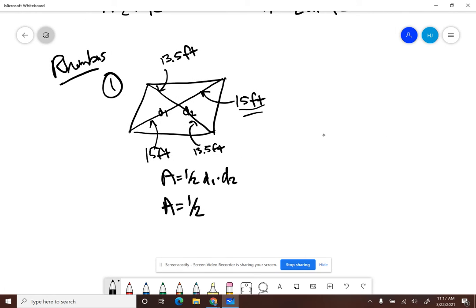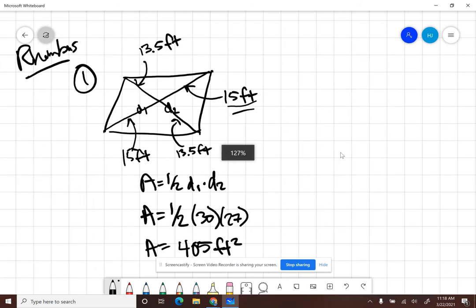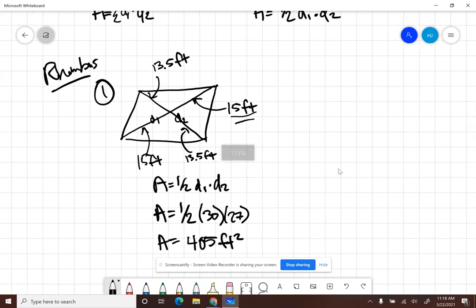That's D1 would be 15 plus 15, which will be 30. And D2 is going to be 13.5 plus 13.5, which is going to be 27. And if we do all that math, 1/2 times 30 times 27, we'll get 405 square feet. All right. So let's work on one that's got a little bit more detail to it.